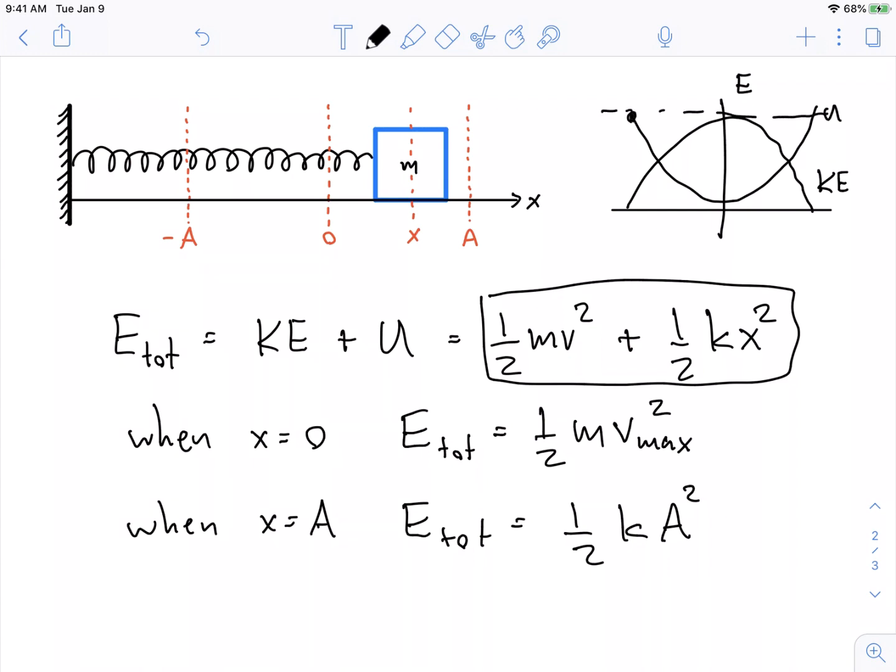So they always add together, no matter where they're at, to get the same total energy. This curve adds with this, and when this is 0 and this is total, we see that it adds to the total energy. So there's an interplay between these two things. Okay, so that's Hooke's law and energy.